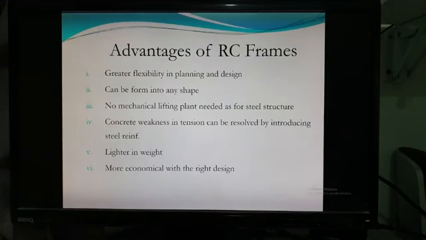So we can produce a lot of different types of shapes to construct our building. Okay, so this is very flexible in terms of the project planning, the project design, because the RC frames would follow the shape of the formwork itself.